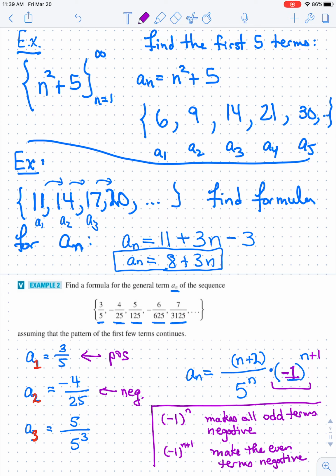Okay. So this is a way to kind of adjust the signs.